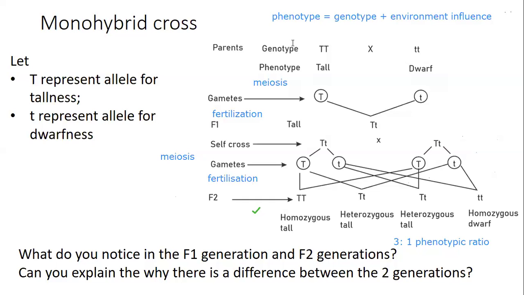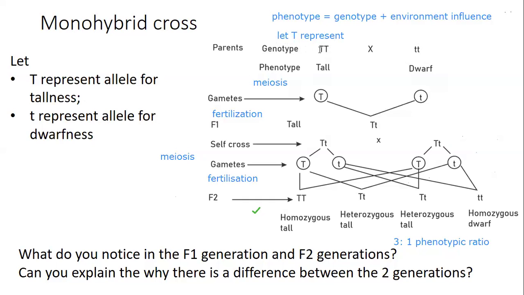Now, of course, you should always start by defining your symbols. Let capital T represent the allele for tallness. Oh, I already have it here. Sorry, I don't have to repeat it. And small t represents the allele for dwarfness.